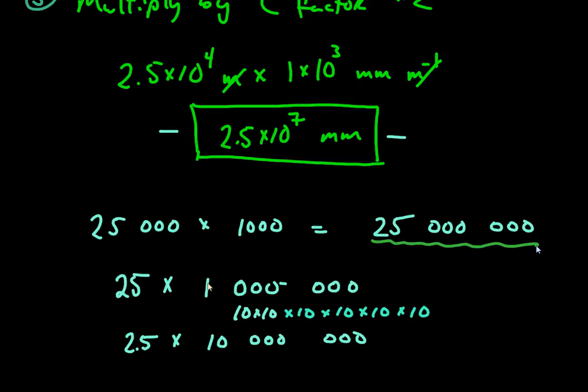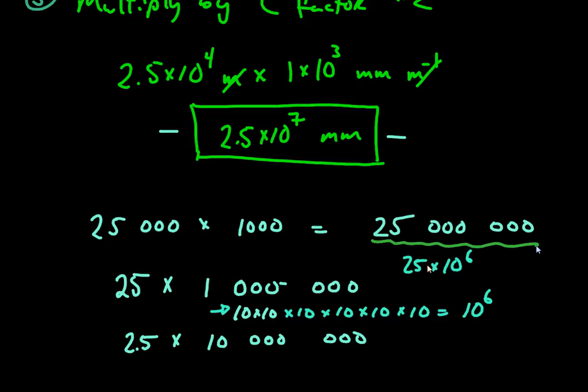So I could write 1 million as a whole bunch of 10 times 10s. But 10 times 10 times 10 times 10 times 10 is just 10 times itself 7 times, or sorry, 6 times in this case. So it's 10 to the 6. So instead of saying 25 times a million, we could say 25 times 10 to the 6. Now that's not the normal way of writing it.